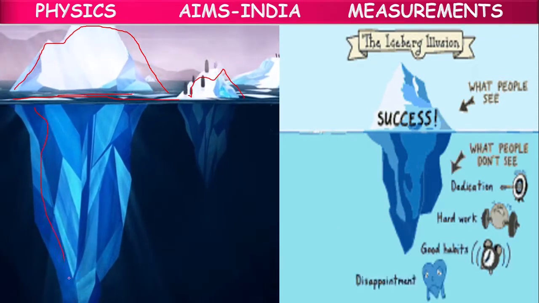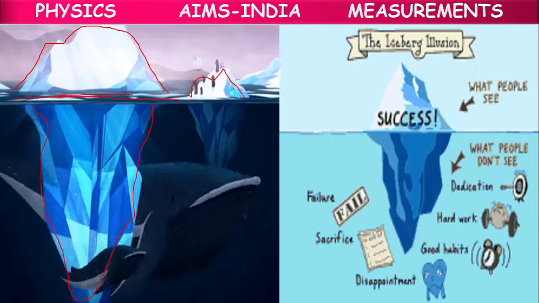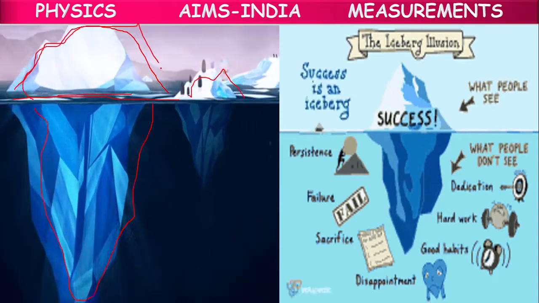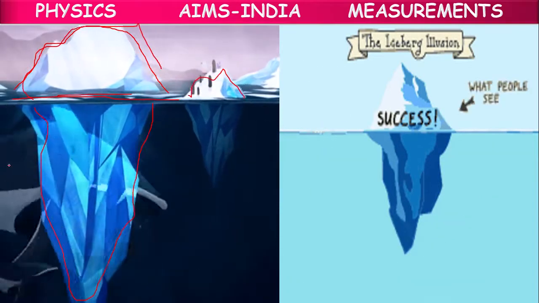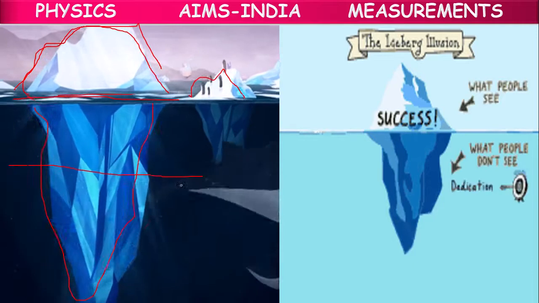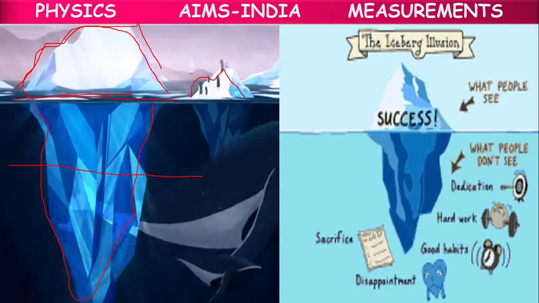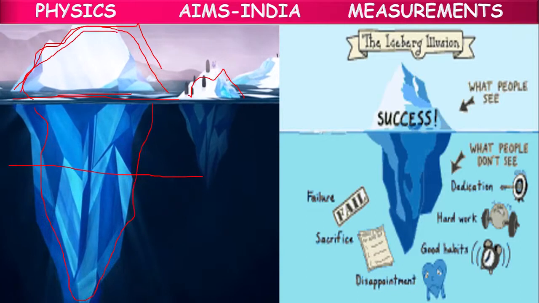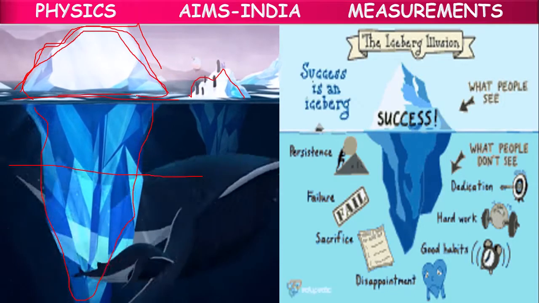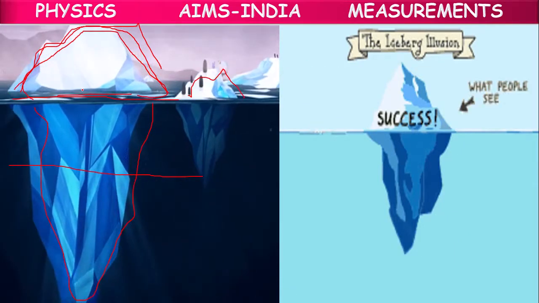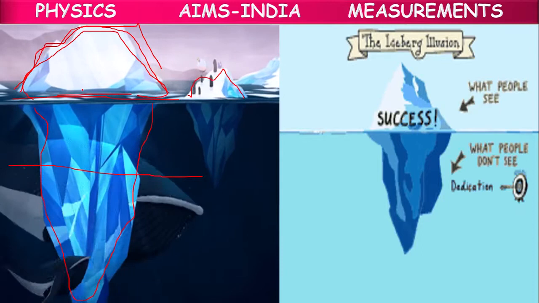Some part is below the water level, some part is above the water level, and here one shark is moving between the icebergs. This phenomenon of iceberg is also an application of this principle of flotation, children.